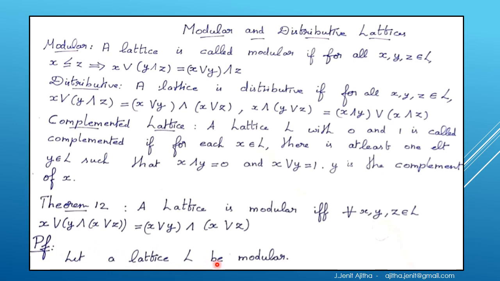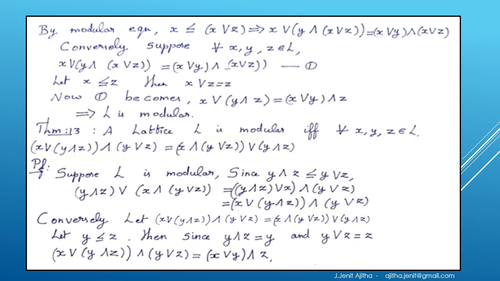So let L be modular. Now see, X join Z is nothing but the least upper bound of X and Z. So clearly X is less than or equal to X join Z. Now we can apply the modular property.